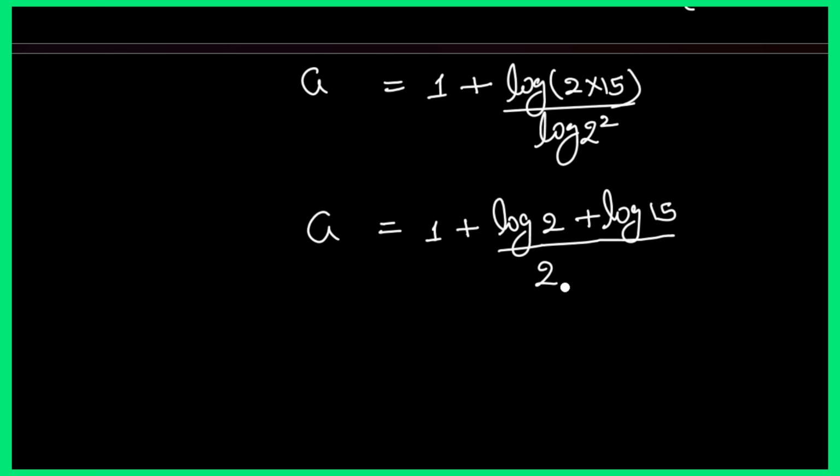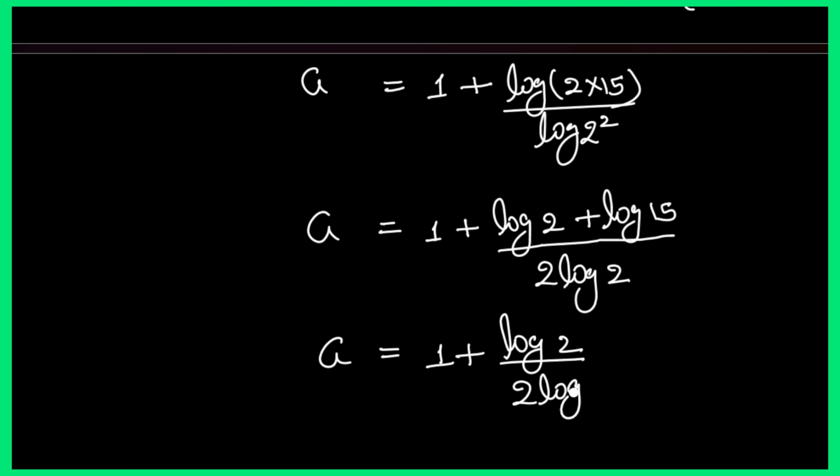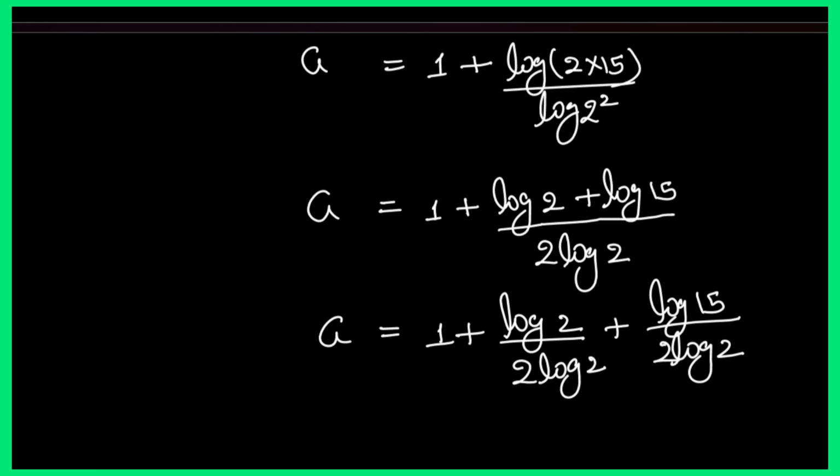So now the equation becomes a equals 1 plus, separating the denominator to both numerator terms, log 2 over 2 log 2 plus log 15 over 2 log 2.